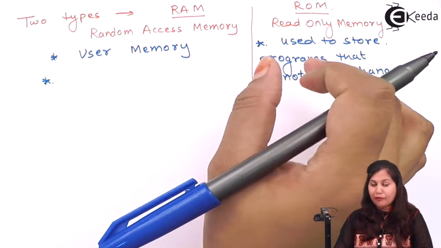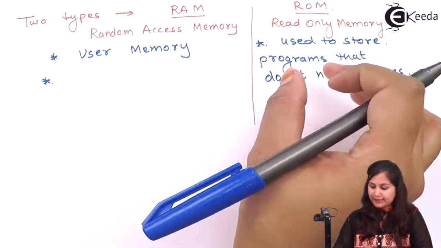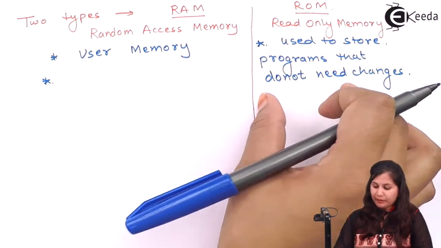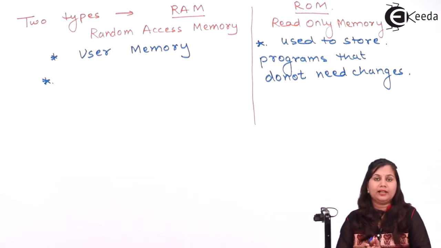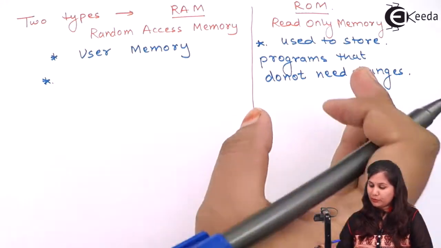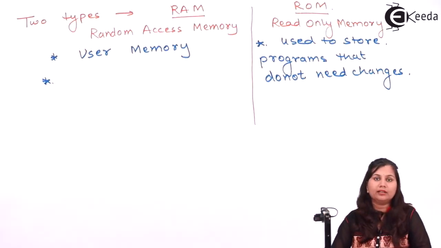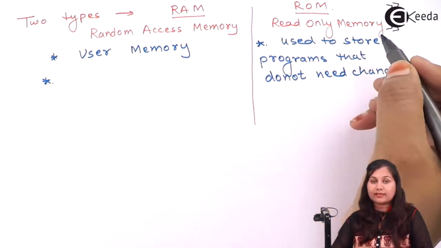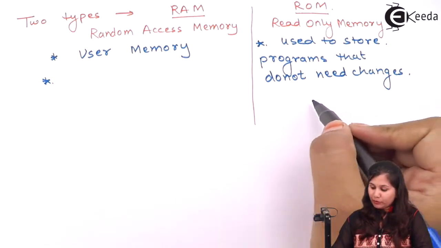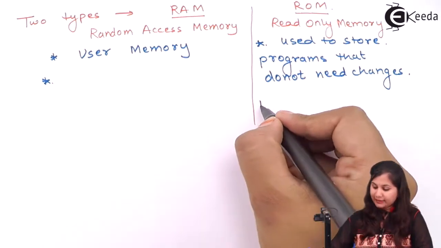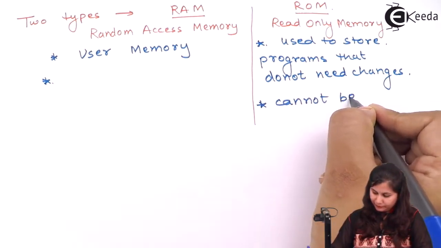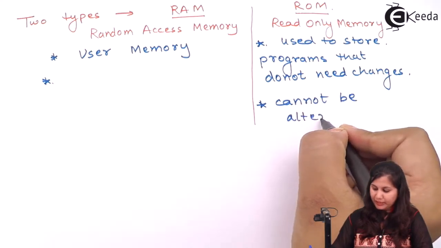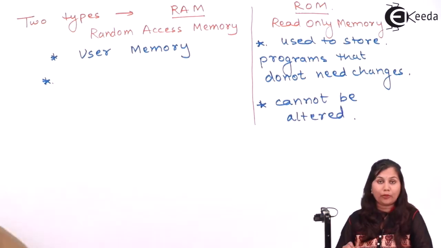That is, at the time of manufacturing of the microprocessor, in the read-only memory, the programs which have been used by the microprocessor for its functioning are stored in the ROM memory, that is read-only memory. So these programs do not need changes and they cannot be altered. No changes can be made by the user in these programs.